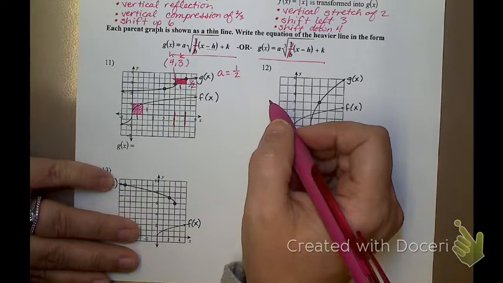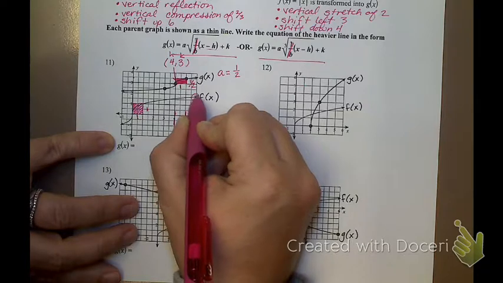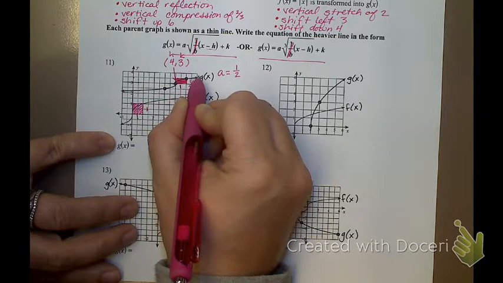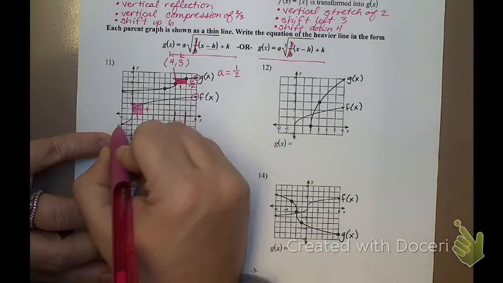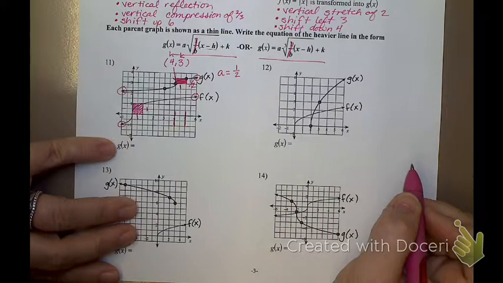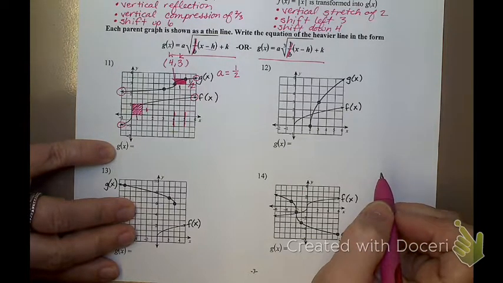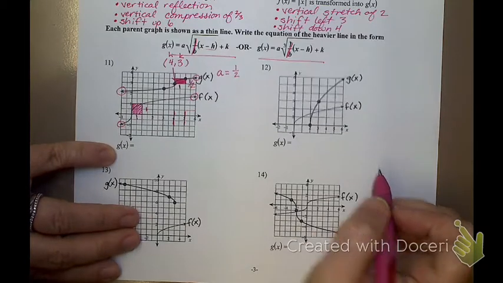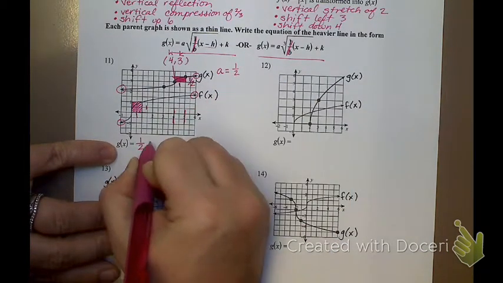Look at your end behavior. On the parent function, right side is going up. On the transformed one, right side is still going up. On the parent function, left side is going down. On the transformed one, left side is still going down. If the end behavior matches, we do not have any reflection. So I'm going to put my a value and then my cube root.